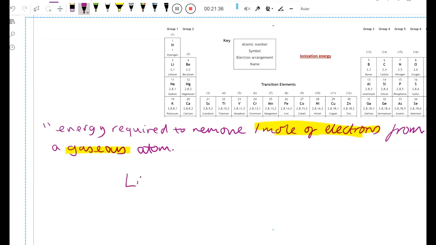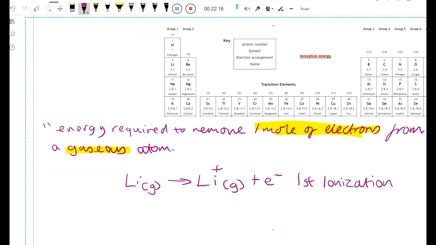It has to be in gaseous form, so I'm going to use the state symbol G. I'm removing 1 electron, so that is going to then give me a lithium ion in a gaseous form plus an electron. Okay, now that equation represents what would be called the first ionization energy.